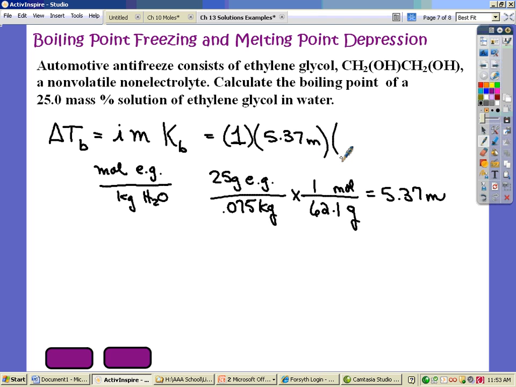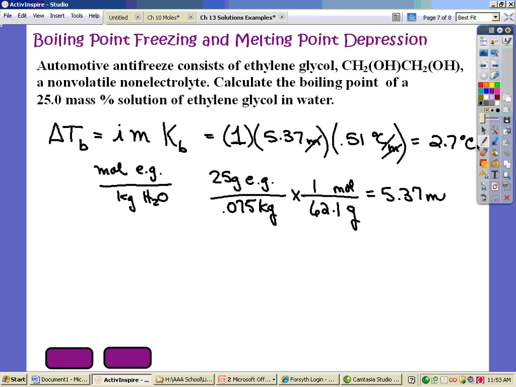And then the third piece of information that I need is just the constant itself. And for water, that constant is 0.51. Again, I get this from a chart. On the AP test, it would be given to you. It's degrees C per molal. And so the 2 molals are going to cancel out, and I'll be left with something in degrees C. So crunch, crunch, crunch. And in the end, I get an answer that is 2.7 degrees C.